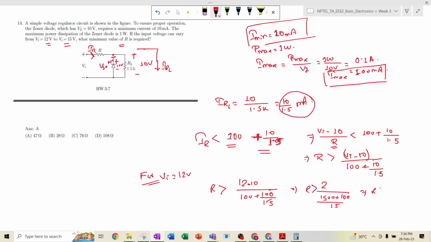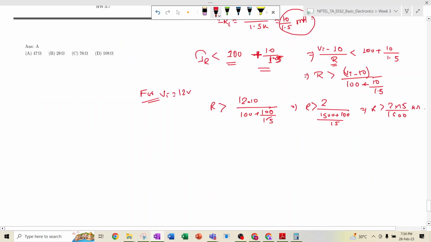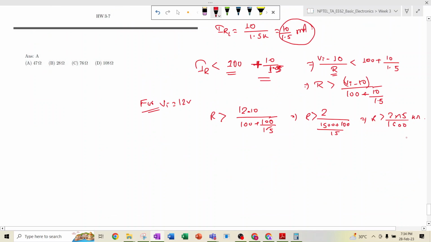That means R should be greater than 2 divided by 1600, and this is the 15. So this much kilo ohm. This is the one condition.